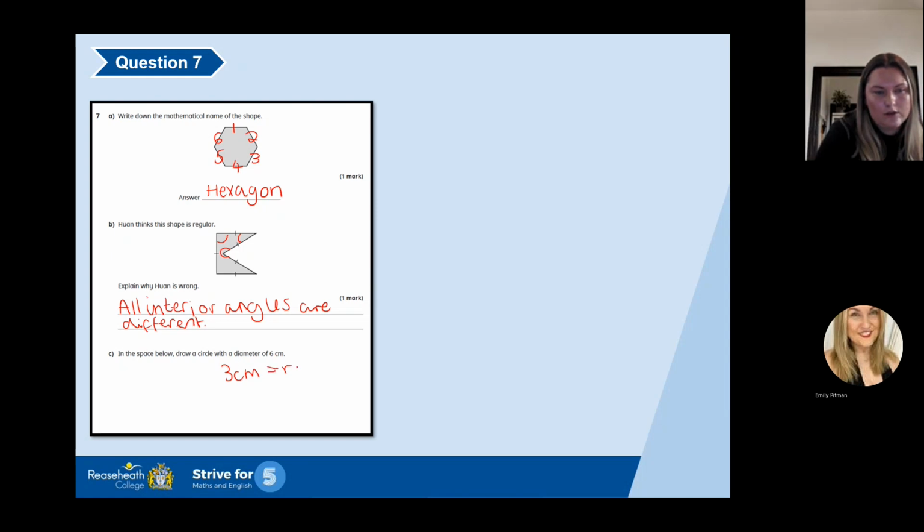So that will be the radius. Then if you pop your compass point in the middle and you just draw a circle the whole way round. That is the worst example ever, but hopefully you'll get the idea. So then that would be 3 centimetres and you'd have another 3 there. I appreciate that's not to scale, but hopefully you do get the idea.